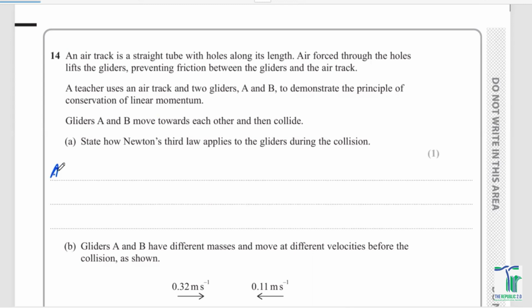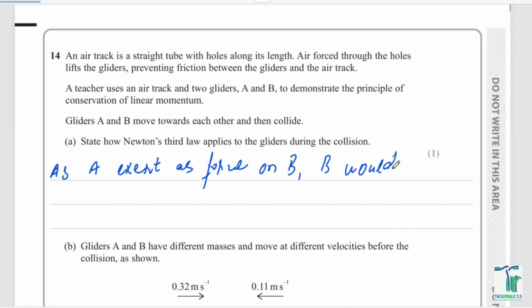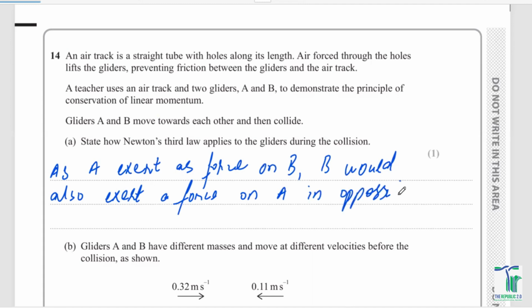So during the collision, glider A exerts a force on B, and B would also exert a force on A in the opposite direction. So A would be exerting an equal force on B and B would be exerting an equal force on A, but in the opposite direction. So you just need to explain this.